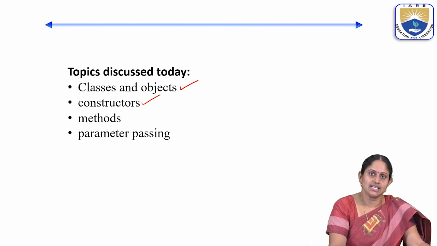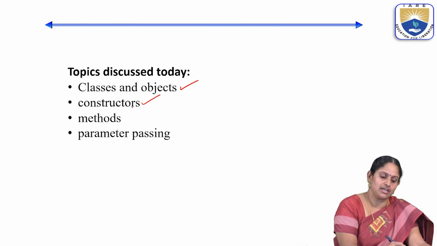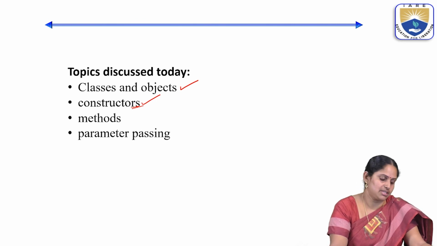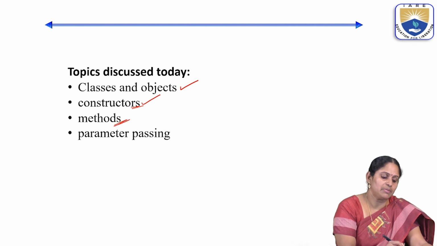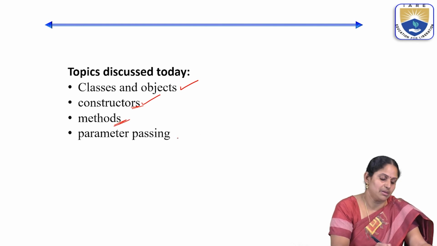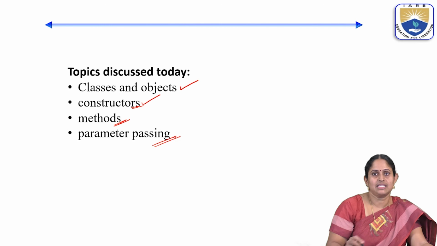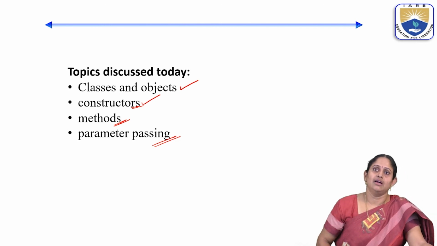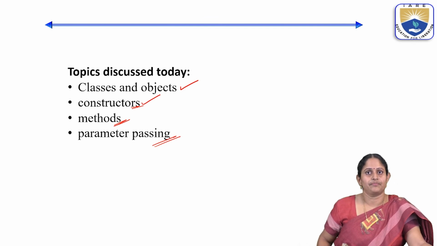To initialize any object we make use of constructors, which may be a default constructor, a parameterized or a non-parameterized constructor. We can use methods within classes, which are again members, and we can pass values to the methods by call by reference. Whenever an object is being passed, it is passing the data by call by reference.